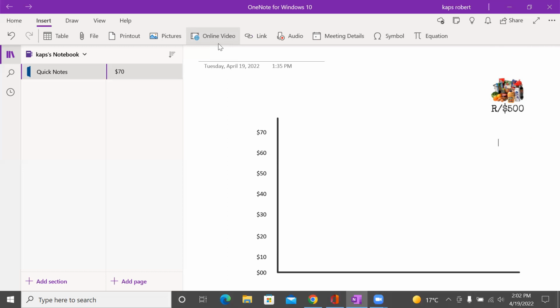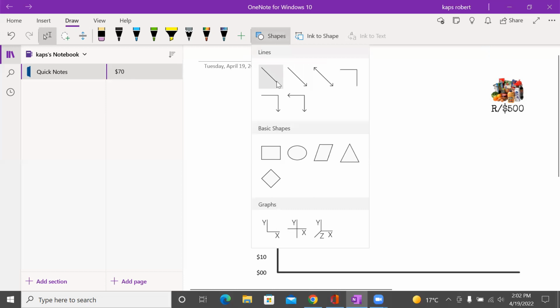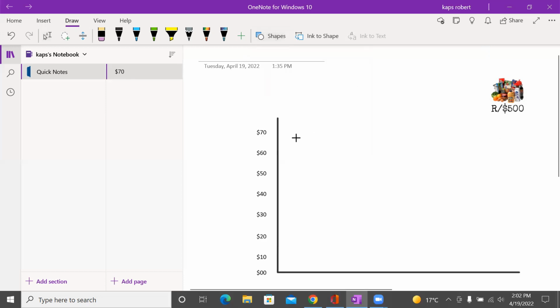Now I'm going to say you're using a chart in line mode. So now I'm going to show you how the chart will be moving.